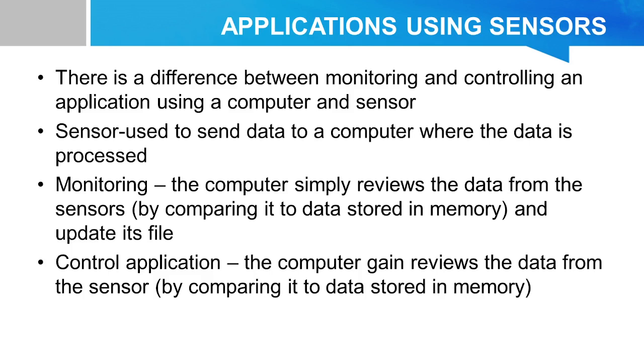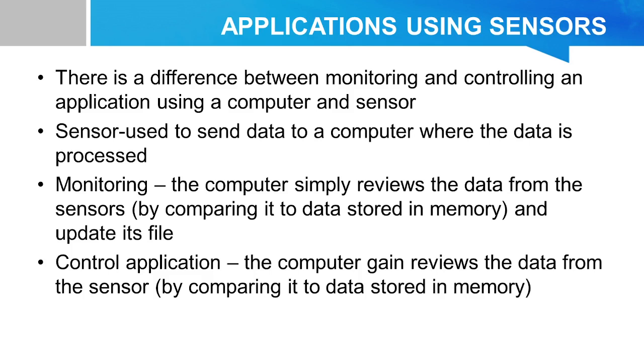So here what it means is, let's say for example, we are going to talk about the temperature in the greenhouse. The temperature must be maintained. So in order to maintain the temperature, the sensor will check the temperature inside the greenhouse first, and then the sensor will send the data to the computer, and it will be monitored, meaning it compares the temperature.